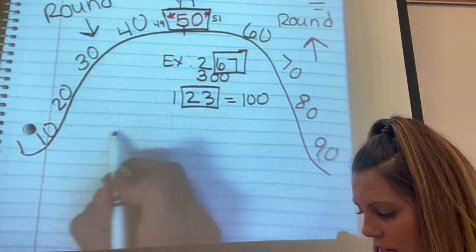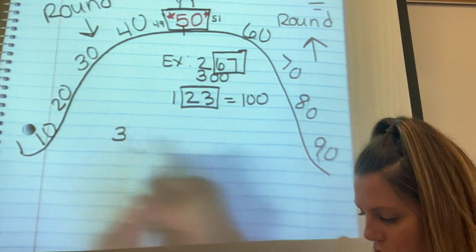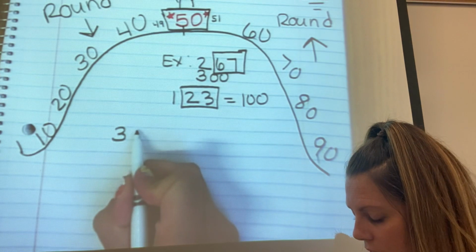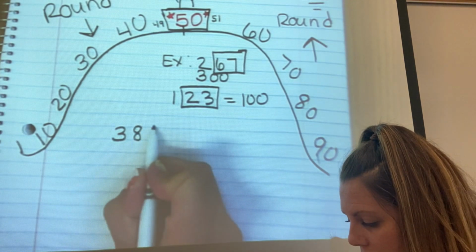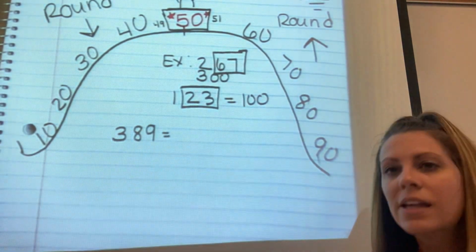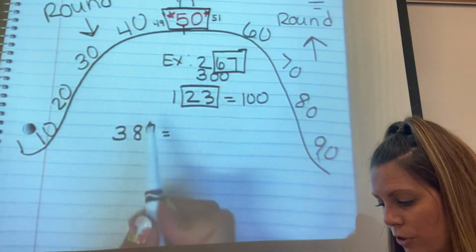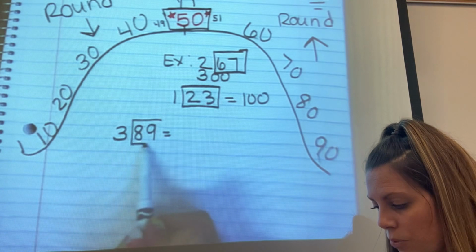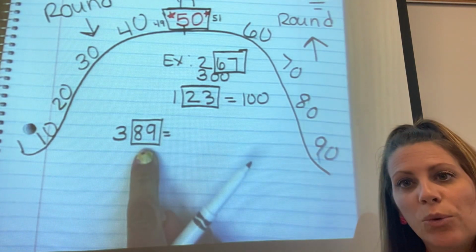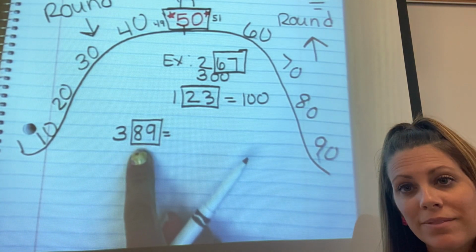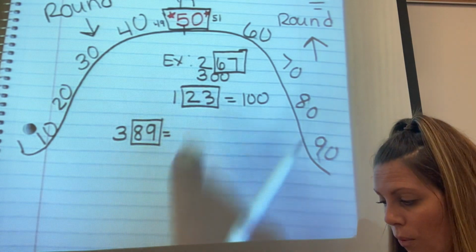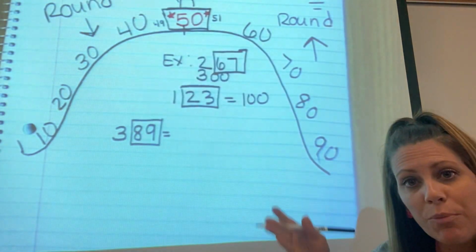What if I have the number 389? Think about what you're going to do. You're going to look at your tens and your ones. And you have the number what? 89, right? Well, remember, 50 is our halfway point.